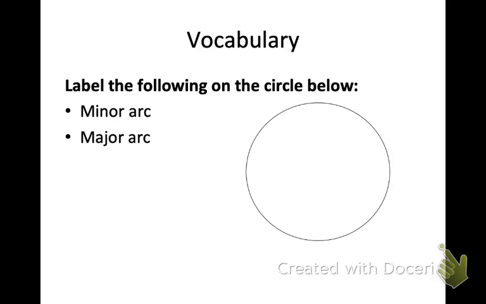Okay, so in this diagram off to the right here, let's create a central angle. So eyeball where you think the center of the circle is and put a dot there. And then draw a radius from that center out to the side. And then draw another radius to create an angle there. So that is your central angle.